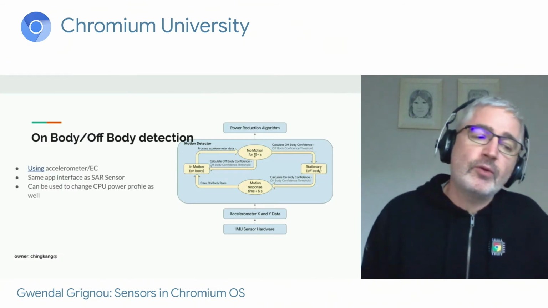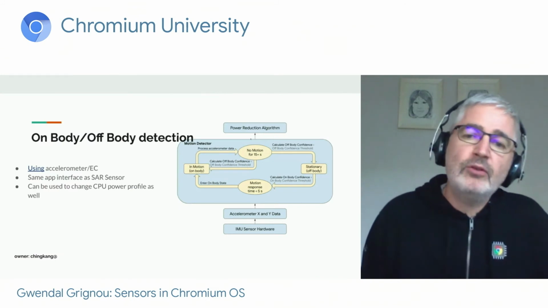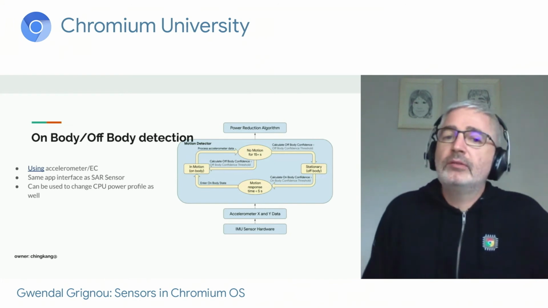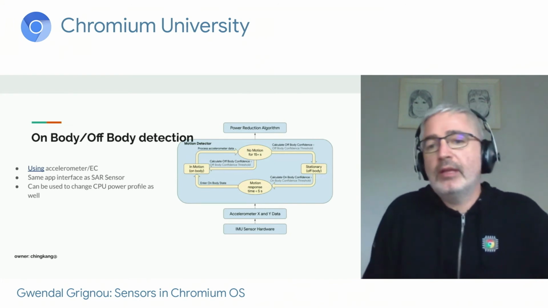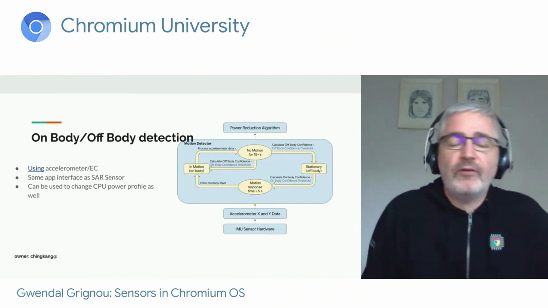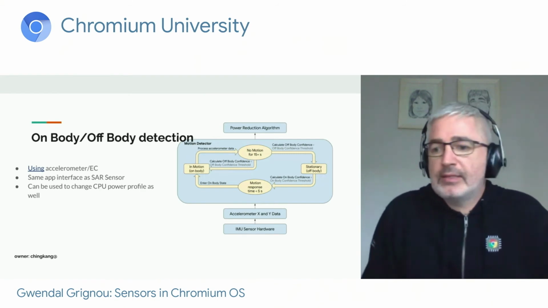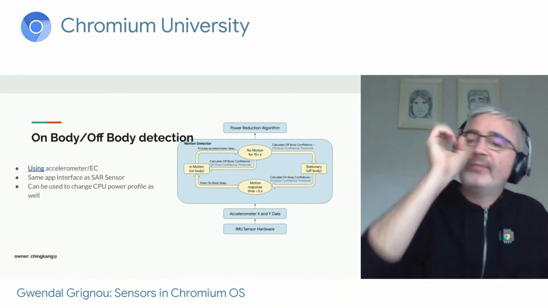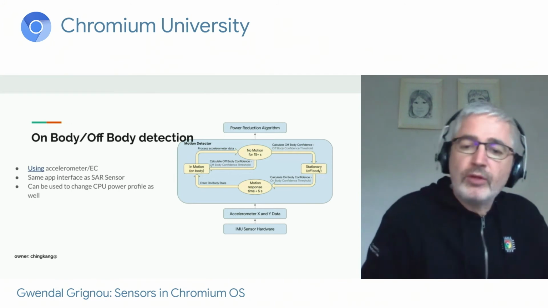We detect a body, and then when you drop the device on the table and we have 15 seconds of no motion, we go back to the off-body mode. The beauty of this algorithm is that it's free, because we already have the accelerometer and have already paid for it, and it's pretty efficient. It could be used for lowering the power to the Wi-Fi antenna.